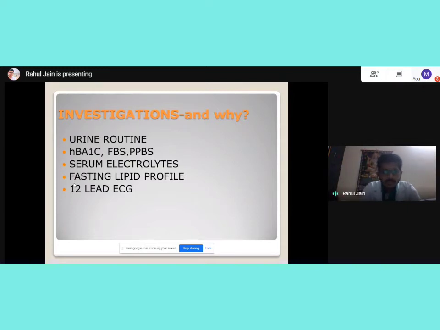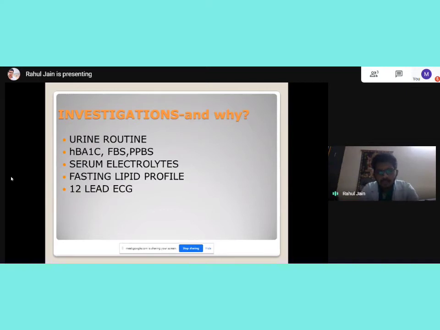Then yes, whenever we start any patient on antihypertensive drugs, before starting, we need to be certain, and we need to do a few investigations. And each investigation has its own purpose. So we need to do urine routine. A urine routine gives us a lot of idea about what is going on in the patient's kidney.